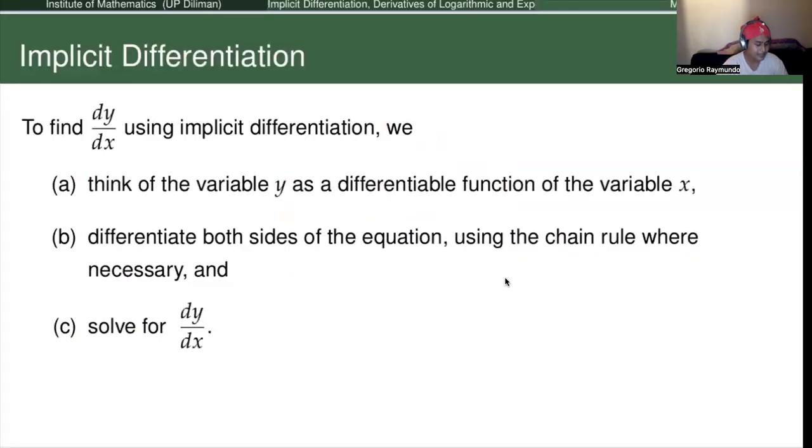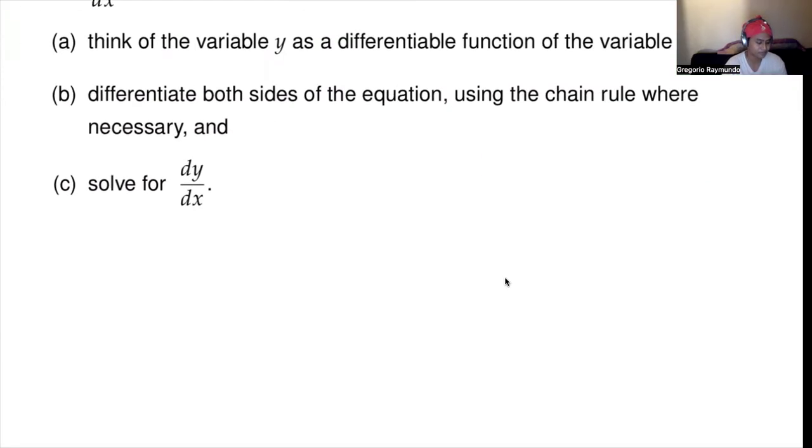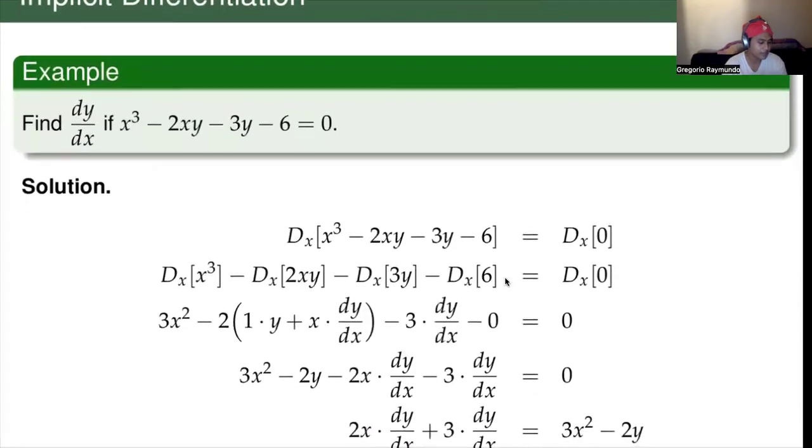Okay? And then differentiate both sides of the equation using the chain rule wherever necessary. And then finally, we're going to isolate dy over dx on one side. Okay? So let's demonstrate this by an example. So suppose you have this problem here. x cubed minus 2xy minus 3y minus 6 is equal to 0.